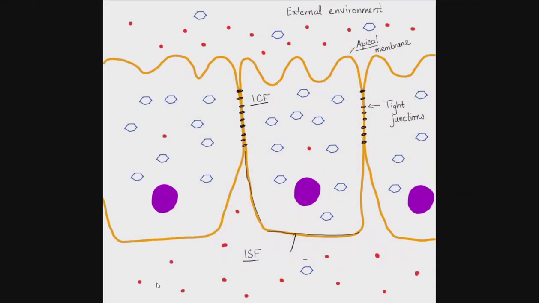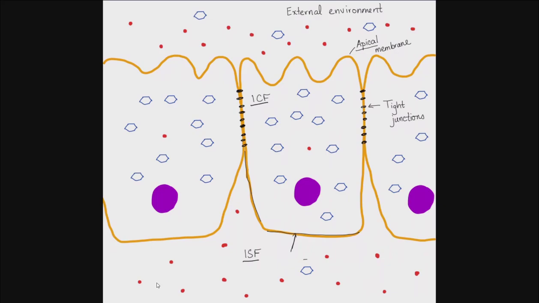Okay, now I have modified this picture, and I'm looking at sodium and glucose. My red dots are going to be sodium and my blue hexagons are glucose. Let's first evaluate where the concentrations are. At first, I'm only going to look at sodium.